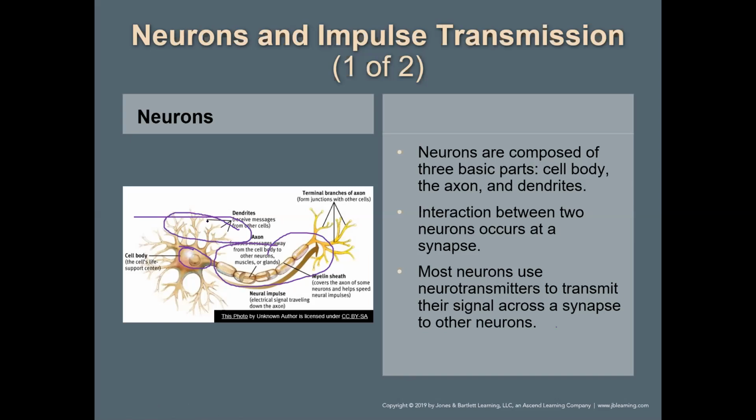Sorry, my drawing is pretty bad. The cell body contains the nucleus. The axon is the projection from the cell body that extends towards another cell, carrying signals away from the neuron. The axon is usually wrapped in a myelin sheath, and I'm going to talk to you about what that myelin sheath does in a second.